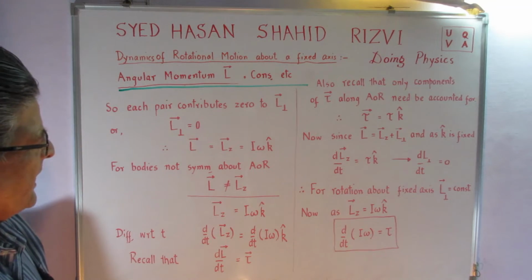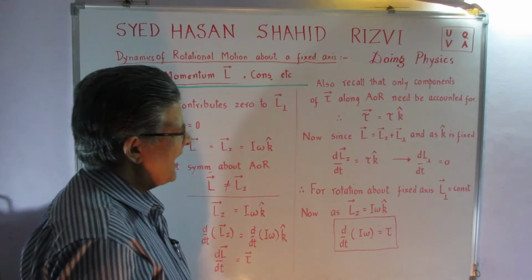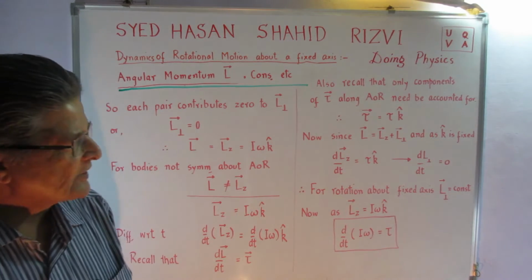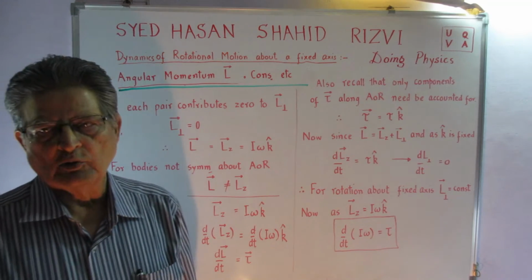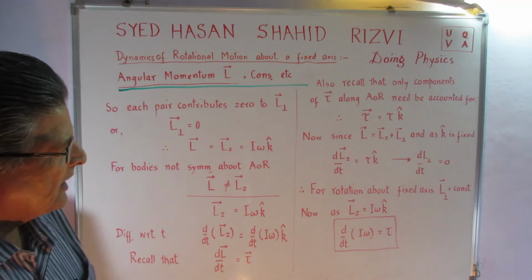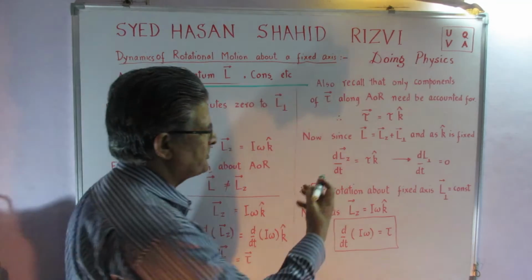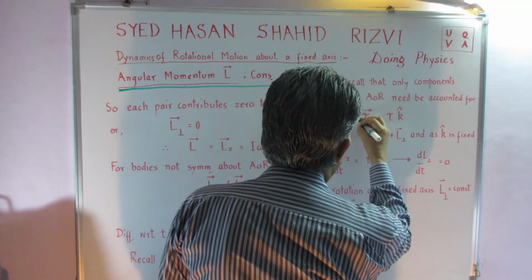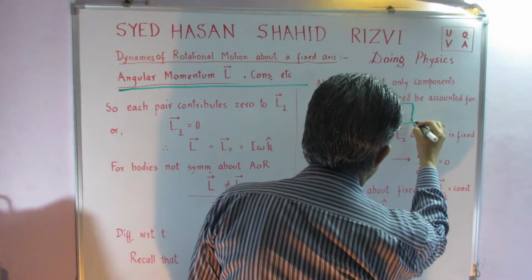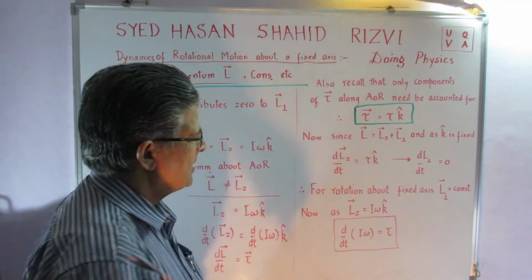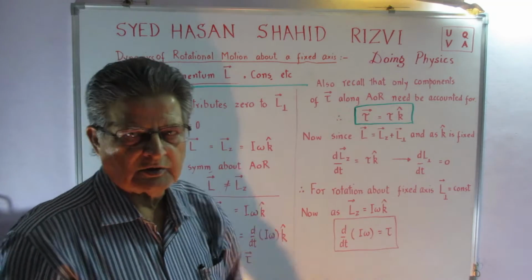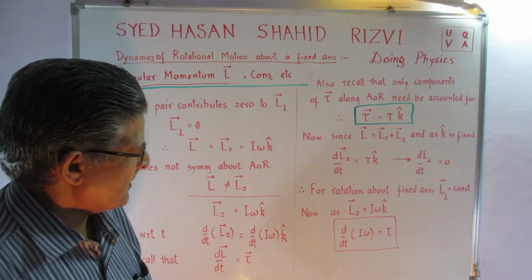Now, we have to recall that only components of the torque along the axis of rotation need to be accounted for. Those perpendicular to it are not to be accounted for. And therefore I can write a very simple equation that my vector torque is equal to the magnitude of torque into k cap, which establishes that the direction of the torque is the same as the axis of rotation.